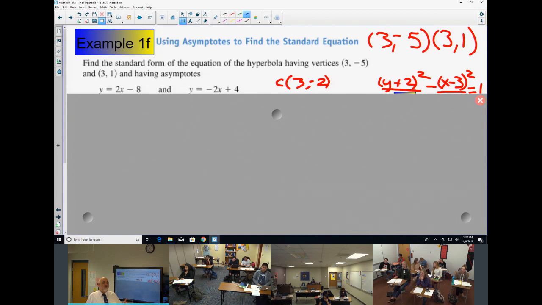All right, now that's really the main focus of this example, no pun intended. But what I want is someone to tell me, how is it that I know just based on these two vertices? How do I know that the y comes first and not the x? How do I know that?